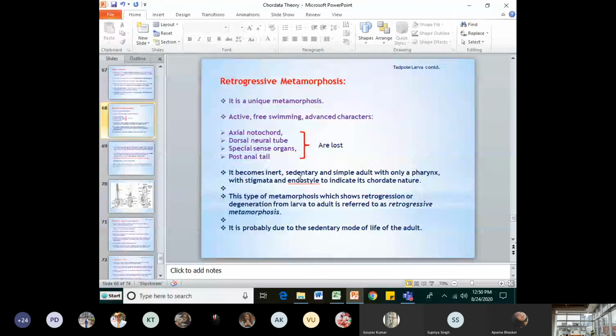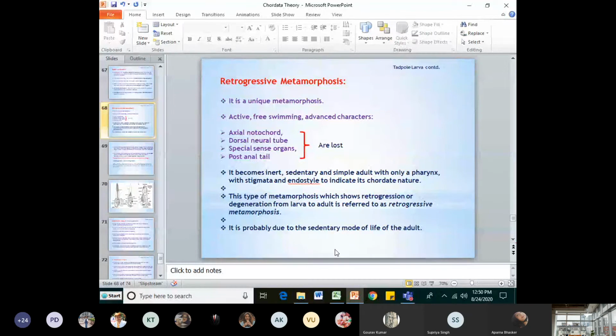So it becomes an inert, sedentary, and simple adult with only a pharynx with stigmata and endostyle to indicate its chordate nature. This type of metamorphosis, which shows retrogression or degeneration from larva to adult, is referred to as retrogressive metamorphosis. It is probably due to the sedentary mode of life of the adult.